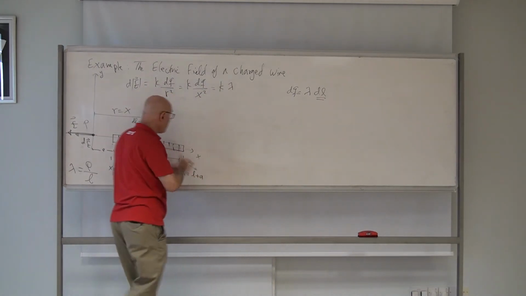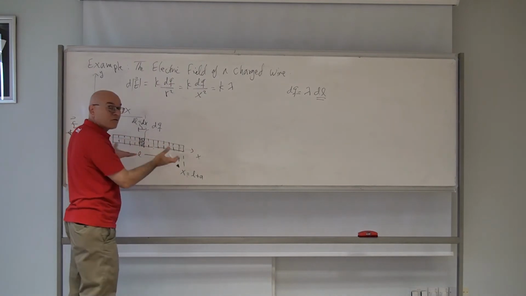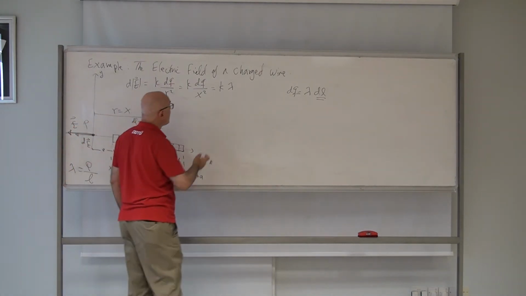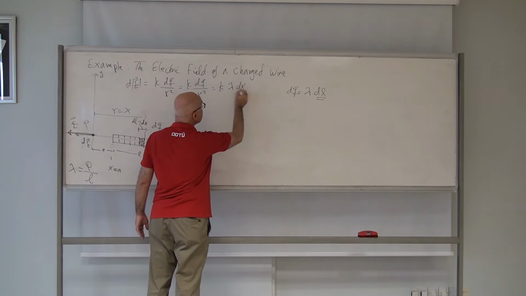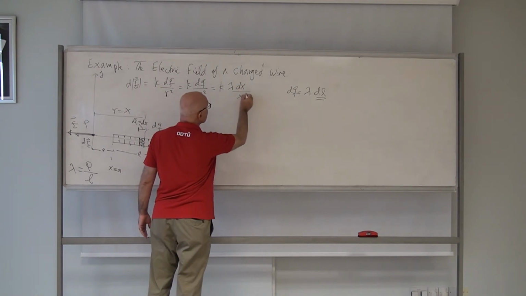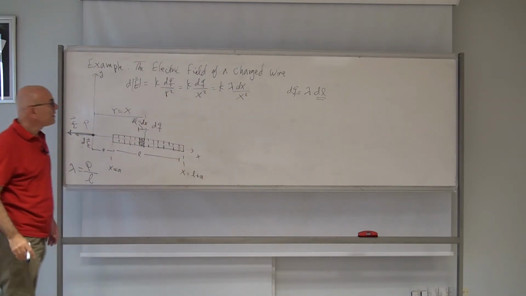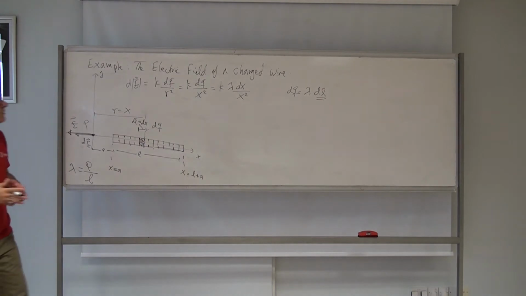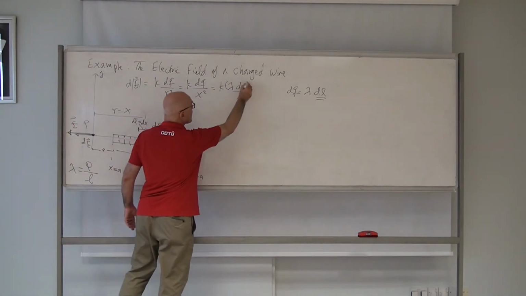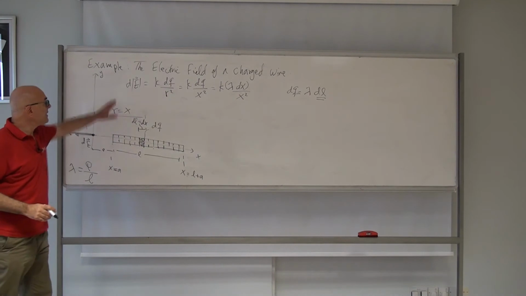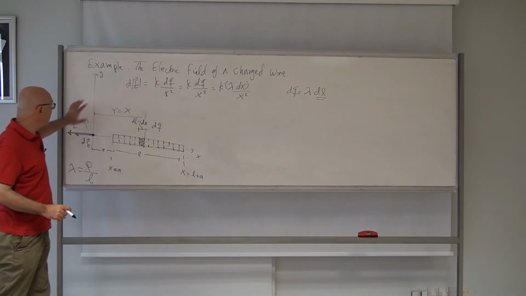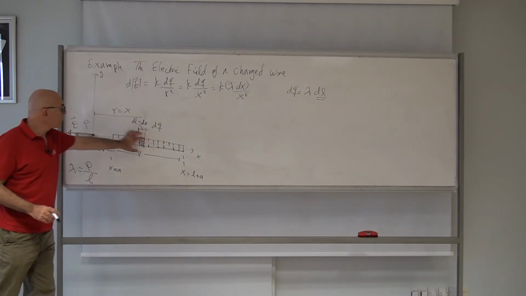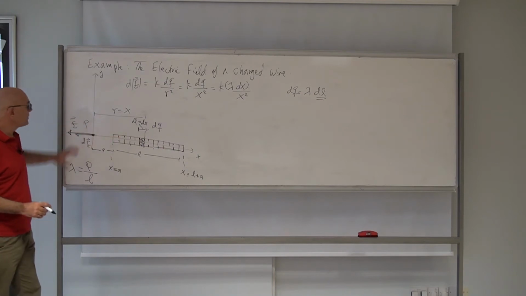Lambda is constant now because this charge is uniformly distributed over the wire, and dx over x squared. So this is the expression of dE, the magnitude of the electric field that is due to this dq.